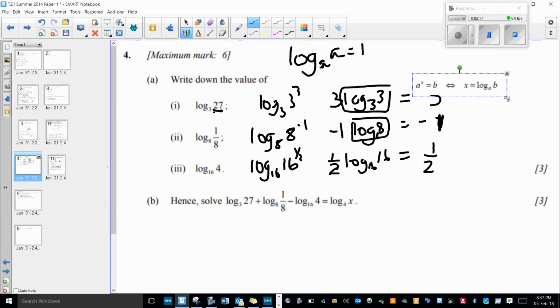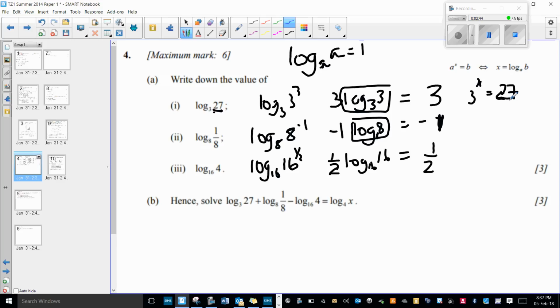So this is an alternate way. So we would say that 3 to the power x equals 27. So 3 to the power what would give us 27? So that would be x is 3. So as I say, there's slightly different ways of doing it, but you get the same 3 answers.